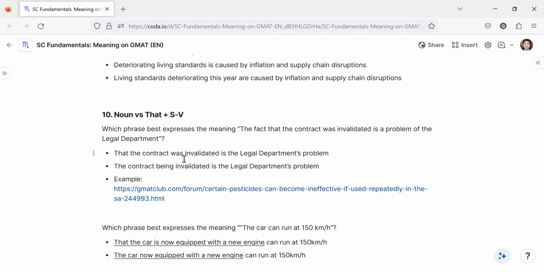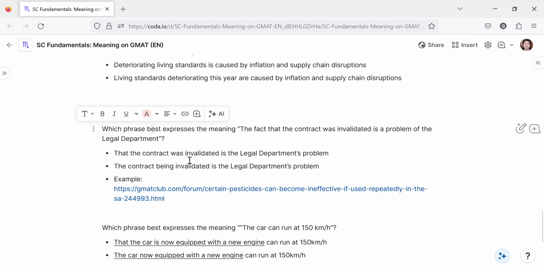But when you use an entire that plus subject-verb clause as a subject, you're not talking about just a noun. You're talking about an entire event, or a fact, something with an action, not simply a noun.